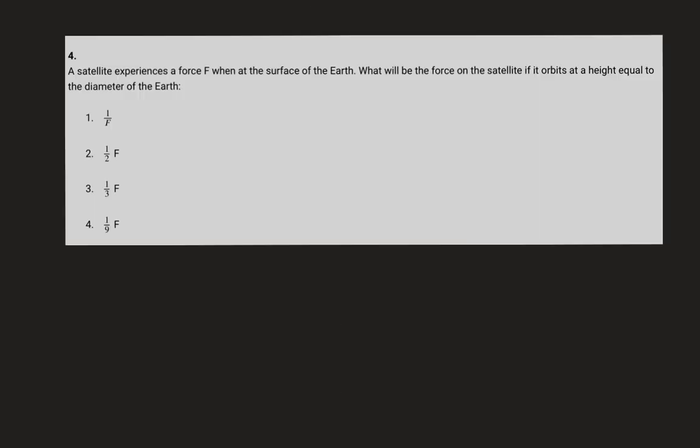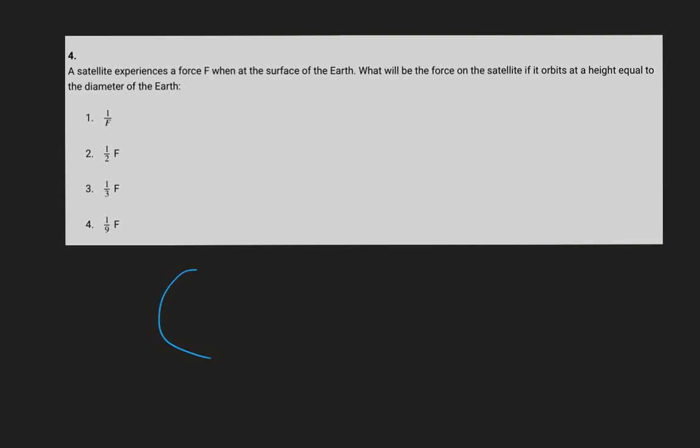Right, question 4. A satellite experiences a force F when at the surface of the Earth. What will be the force on the satellite if it orbits at a height equal to the diameter of the Earth? Right, so all that's happening now is we just use basic ideas.